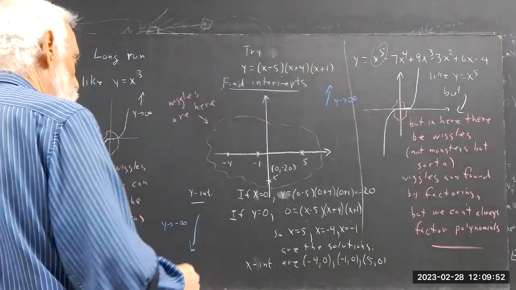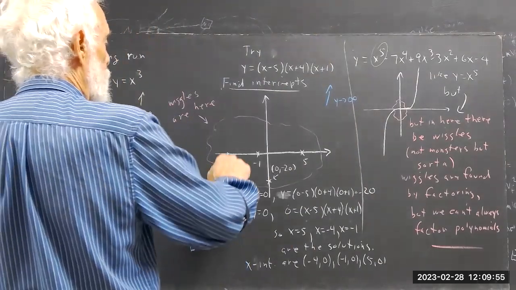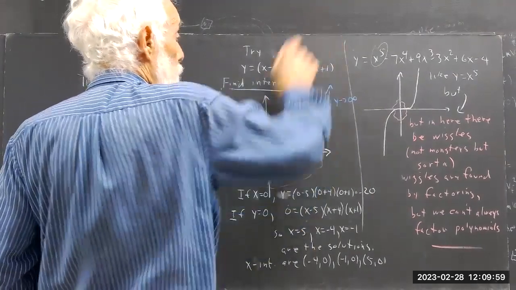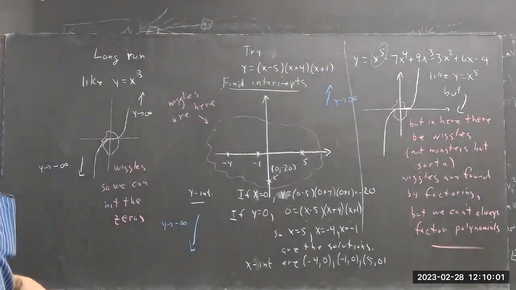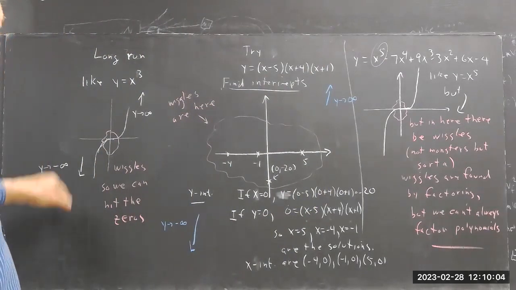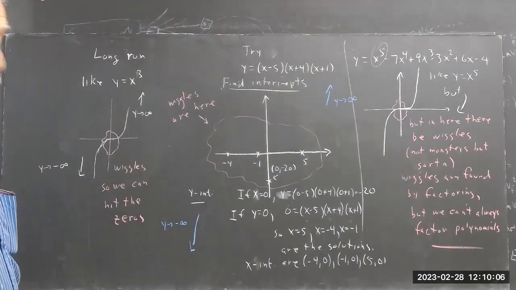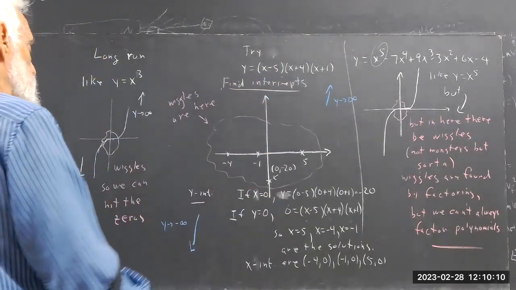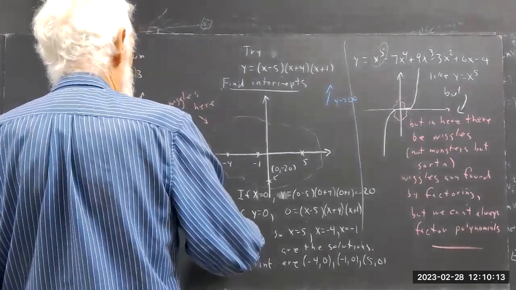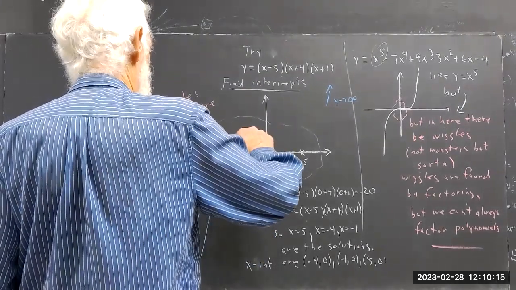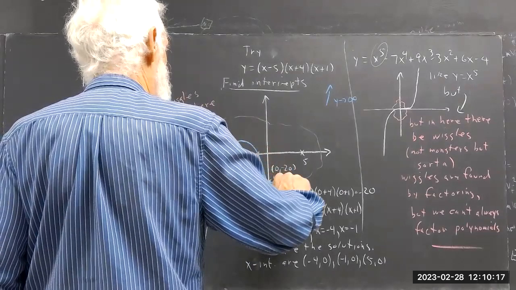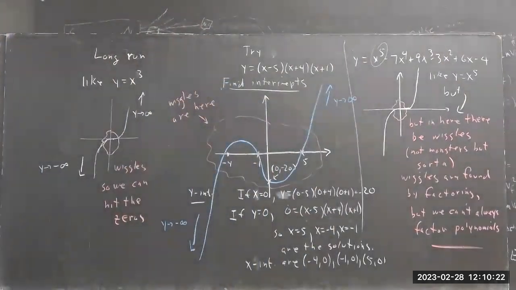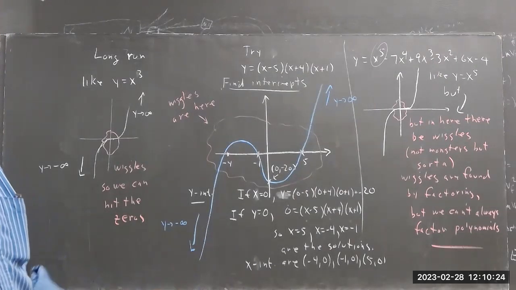If we're going to draw the graph, then we've got to come up from the depths, go through this point, through this point, through this point, and then go on back up toward infinity. We're really just drawing an x cubed graph with some modifications. So the graph moves up like so, down like so, and up like so.